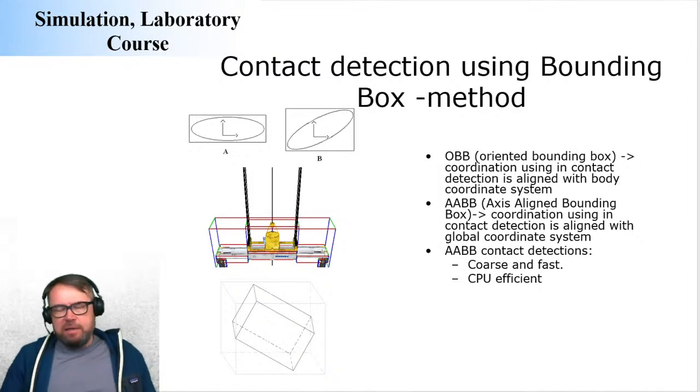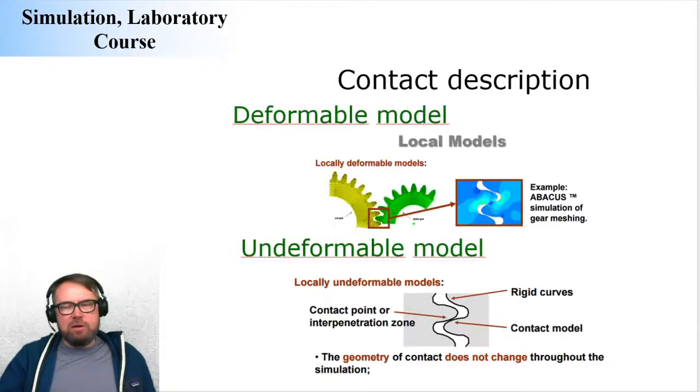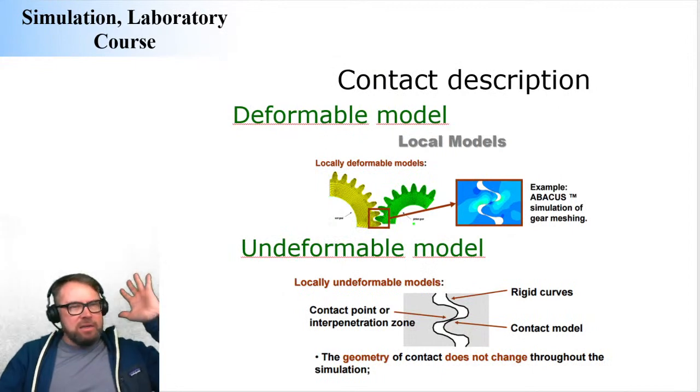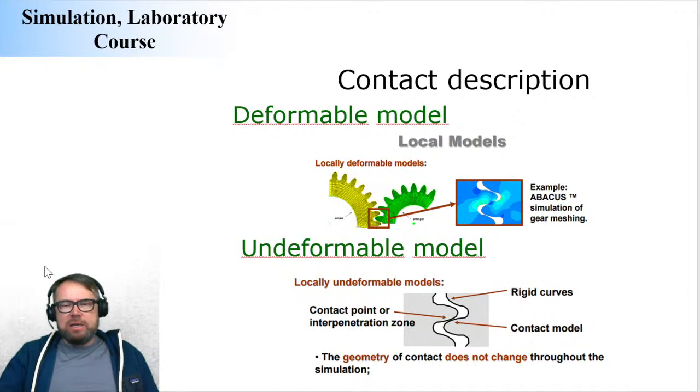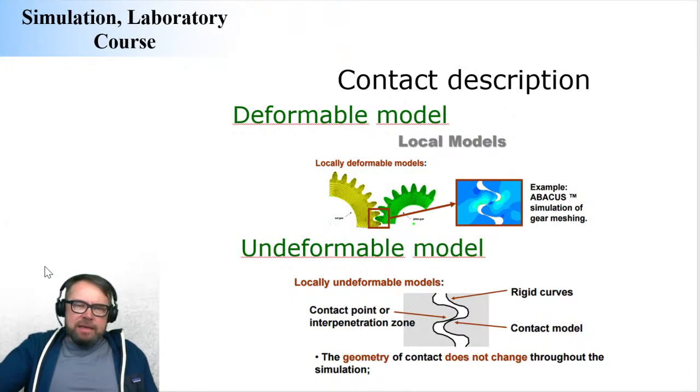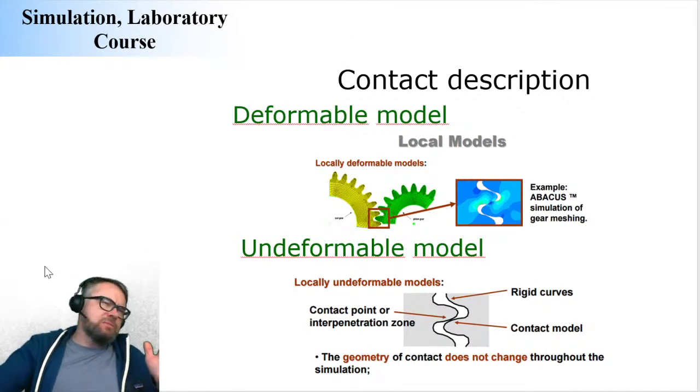All right. Now let's say that, yes, we got the contact. We have the red flag here. So there's a contact between these two bodies here. What can we do about that? In case of contact, what usually happens is that there is a local deformation. This is something that happens in real life.